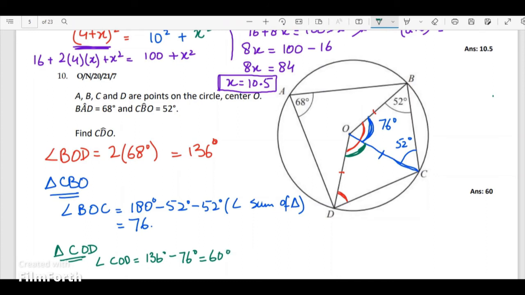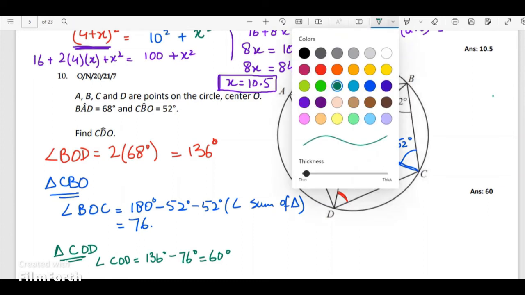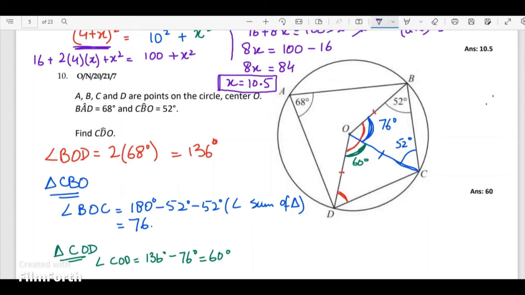Alright, so if this is 60 degrees, you don't really need to do any working for that, because if one angle in a triangle is 60 degrees, that's understood that the rest of the two angles would also be 60 degrees, because all the three angles have to add up to 180 degrees. So this would be 60 degrees as well, and this would be 60 degrees as well.